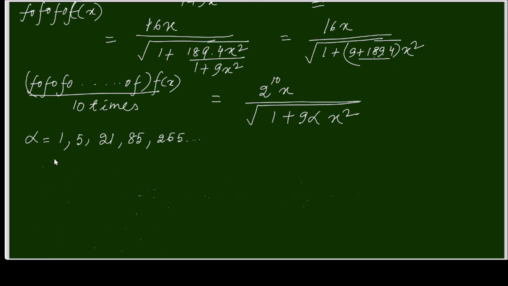So we can write this as 2 power 2 minus 1 by 3, 2 to the power 4 minus 1 by 3, 2 to the power 6 minus 1 by 3, 2 to the power 8 minus 1 by 3, and so on.